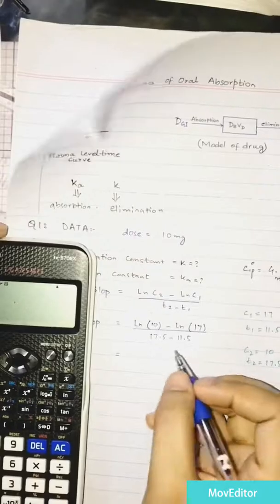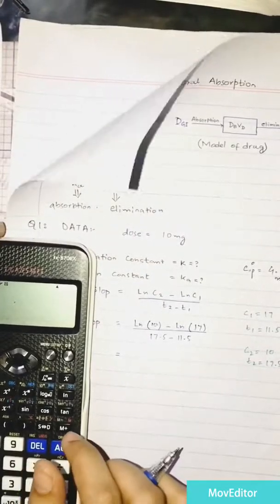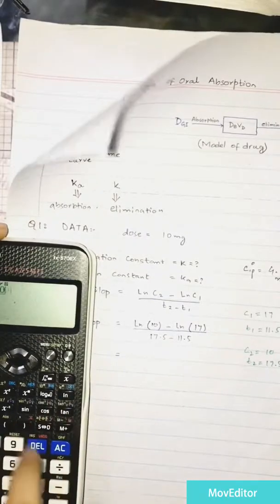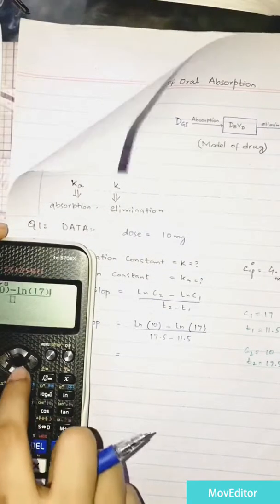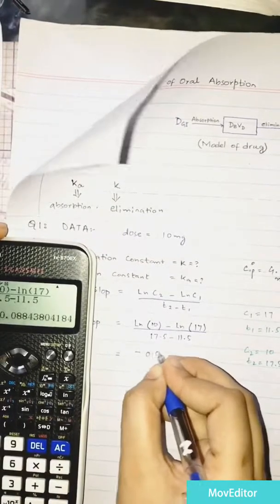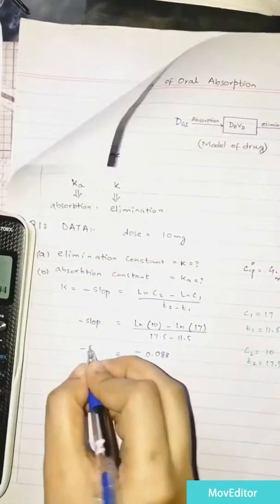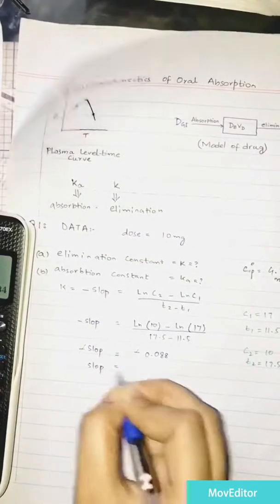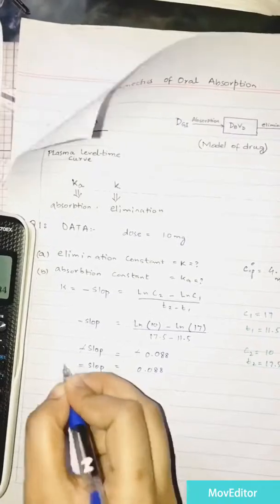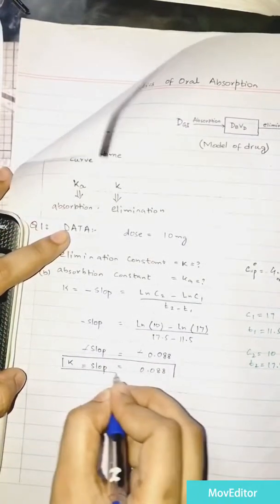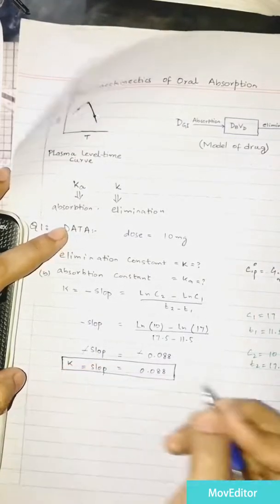Now I have put in the values. We can easily calculate it in the calculator: ln 10 minus ln 17 over 17.5 minus 11.5, and it's minus 0.088. That is the minus slope, so the minus sign would be nullified, and slope is equivalent to K, the elimination rate constant for the first order context.